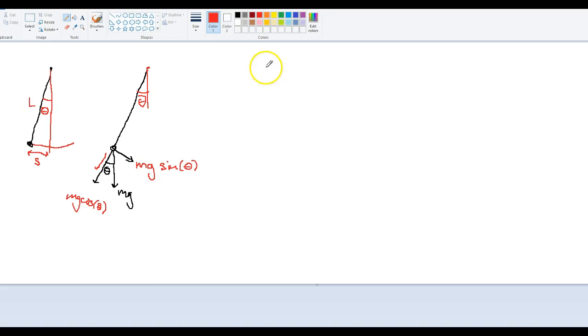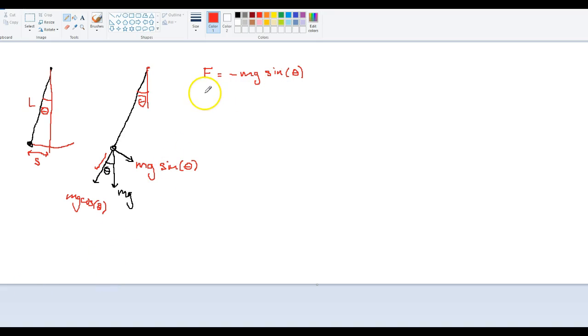Now keep in mind that the restoring force F is going to be equal to minus mg sine theta.